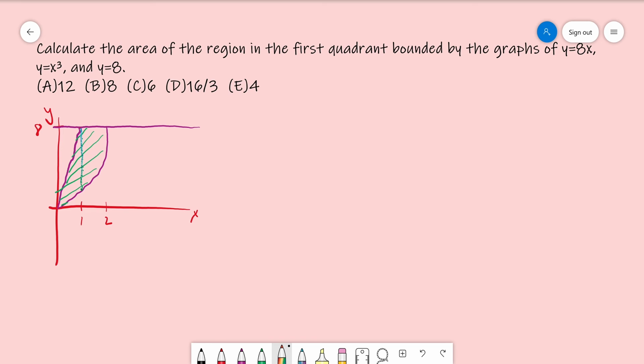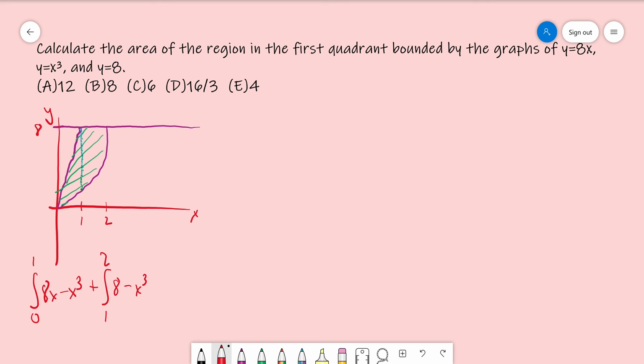Our first integral is going to be the integral from 0 to 1 of 8x minus x cubed. That's going to give us this area right here. And the second integral is going to be from 1 to 2, and that's just going to be 8 minus x cubed.